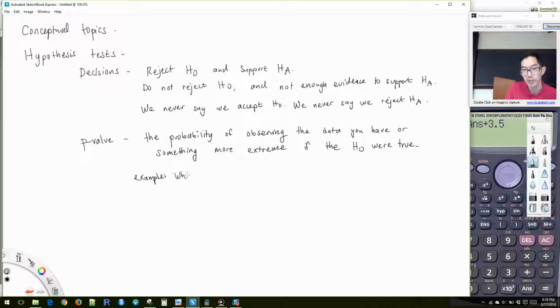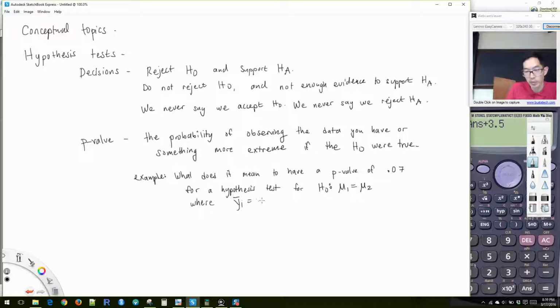what does it mean to have a p-value of 0.07 for a hypothesis test for mu1 equal to mu2, where y bar 1 is equal to 3 and y bar 2 is equal to 4.3?